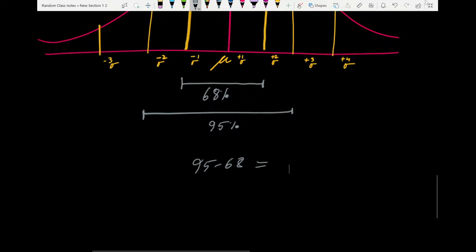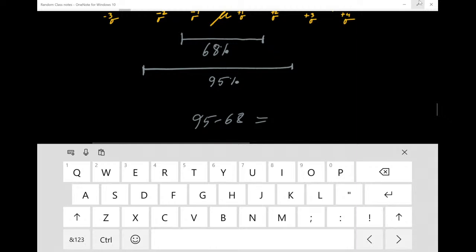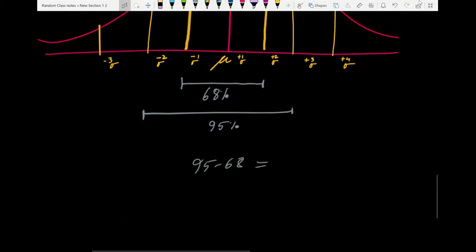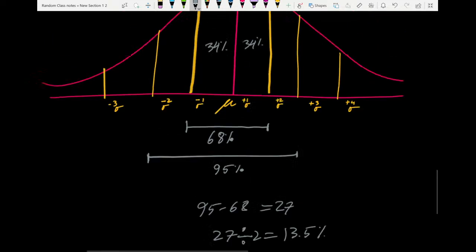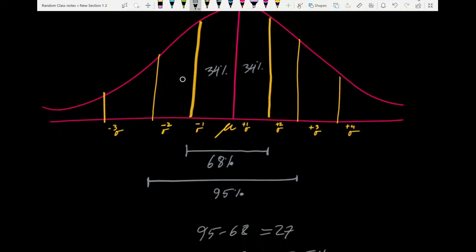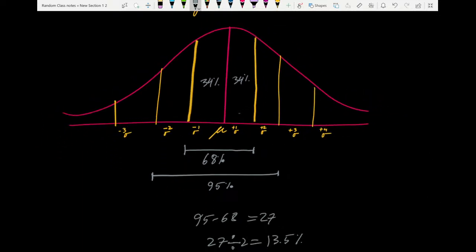Let's use your calculator, kids. We get 27. And then I take 27 divided by 2, and that gives me 13.5. That represents this much of the population right over here. So I'll have 13.5%. Any question yet?